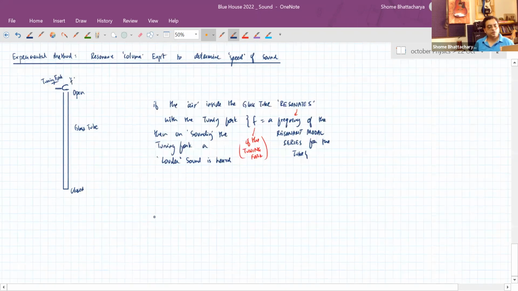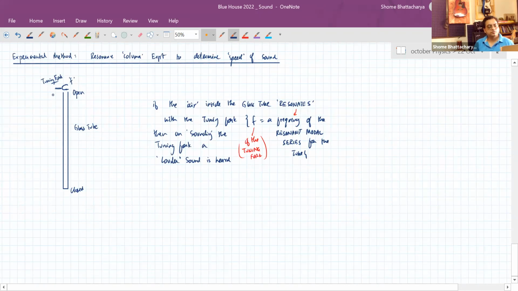So now what we do is slowly pour water into the glass tube.